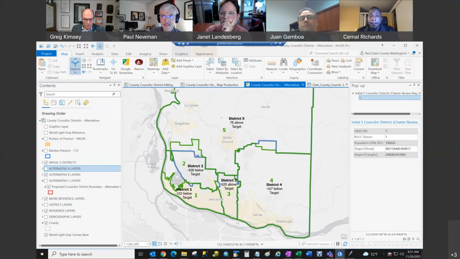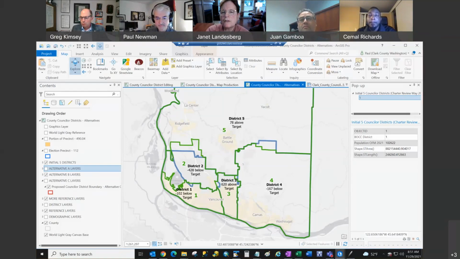And recall that District 5 had like 5,000 or so too many people above target initially. So we had to move some of the boundaries along District 5, but in a nutshell, it keeps the same intent. If people looked at alternative B, they wouldn't see anything, I don't think too many eyebrows would be raised.